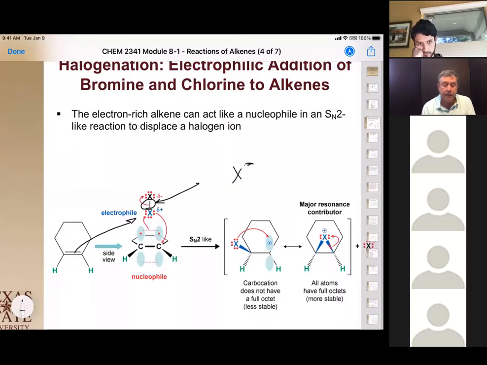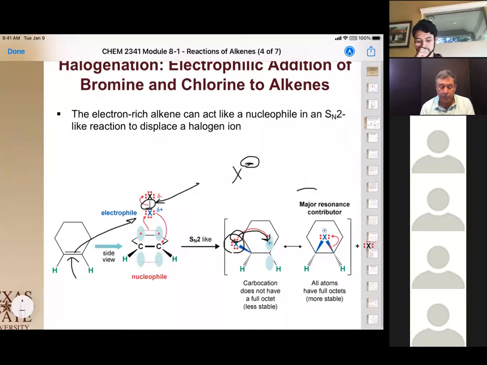Our X now has a negative charge here. And we have our new sigma bond, okay? And our new sigma bond is right next to that empty p orbital. Remember, both electrons from the double bond attached to the halogen, leaving a carbocation in our system, okay? But because of proximity and the idea that we have electrons available to us in the halogen, they immediately reach over and create a new sigma bond, okay?